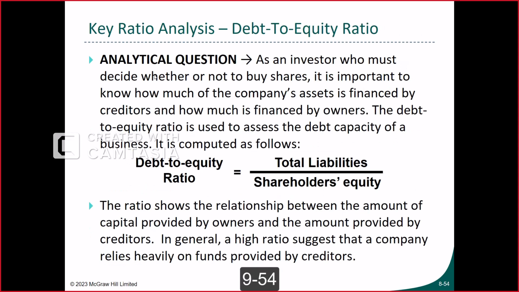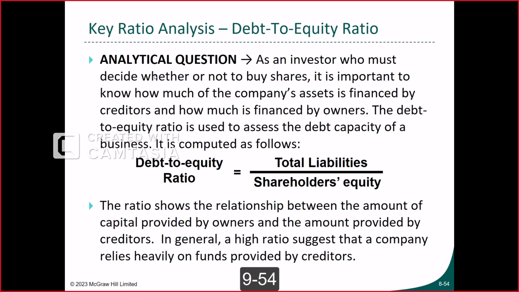Another very critical ratio, I expect all of you to use this one because it is a very central ratio, the debt to equity ratio: total liability divided by total shareholder equity. It measures the solvency of the company in the long term, the percentage of the assets which is financed by liability compared to shareholder equity.